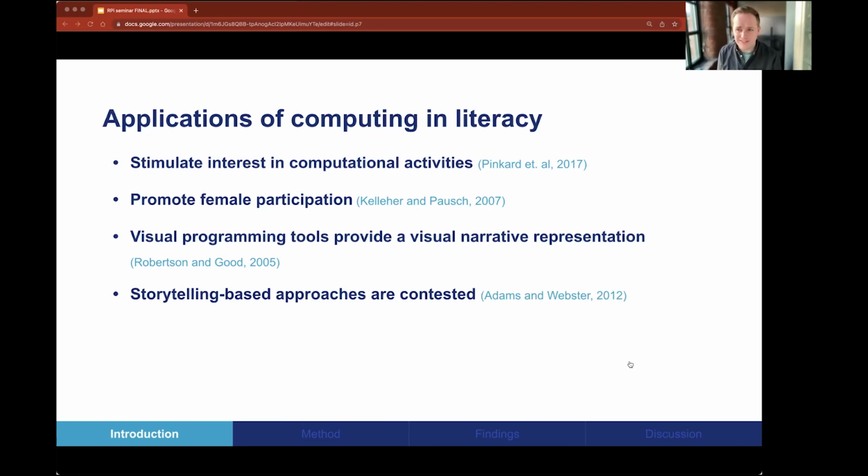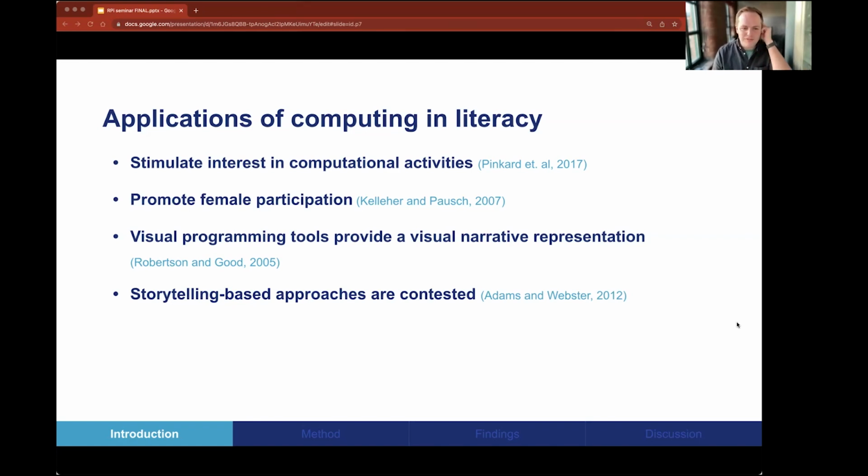But obviously it's not all plain sailing. Some work by Adams and Webster compared story-based programs in Scratch with games in Scratch and music videos and lots of different types of projects, and found that, given that stories are highly linear, right? This happens, then this happens, then this happens.